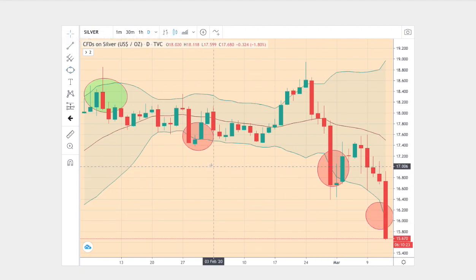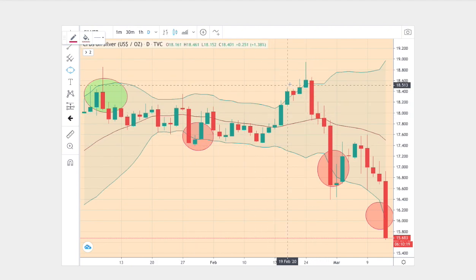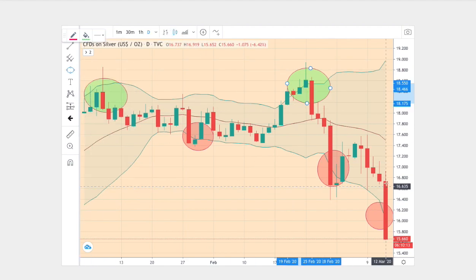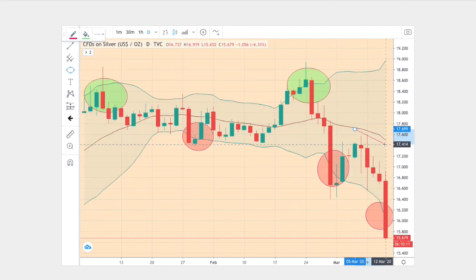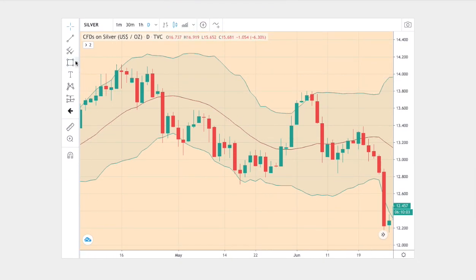So we have 3 instances, and we have an instance where we see a touch at the upper Bollinger Band, a second touch, and then in between we see a slight reversion to the mean to the middle Bollinger Band.